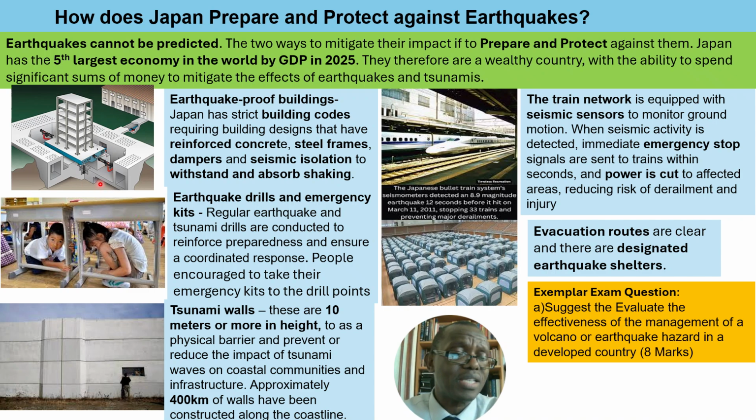In fact, some descriptions say that the buildings sometimes will sway or swing in tandem with the earthquake, and therefore do not remain as a rigid structure which can then easily collapse. So the buildings are built to a very high standard where earthquakes are concerned. So they are earthquake ready.